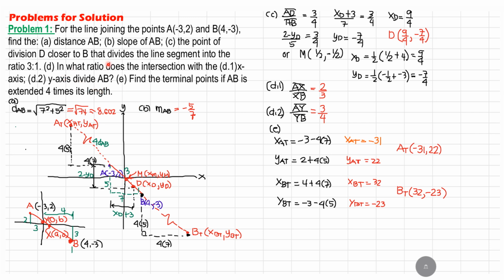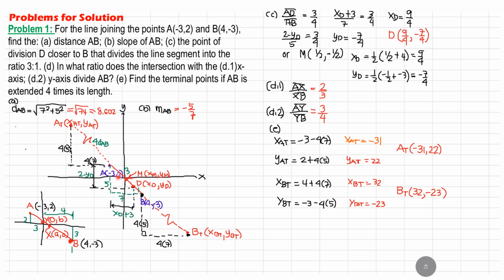Then C, the point of division D closer to B, which is this, that divides the line segment into the ratio 3:1. So point D divides the line AB into 3:1. So this is 3 parts represented by that green number, and D to B is 1 part. So all in all, there will be 4 parts.